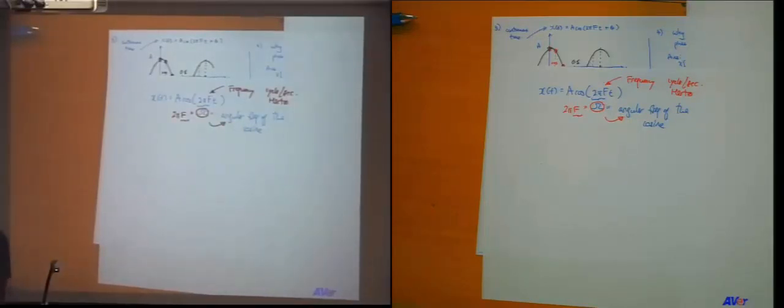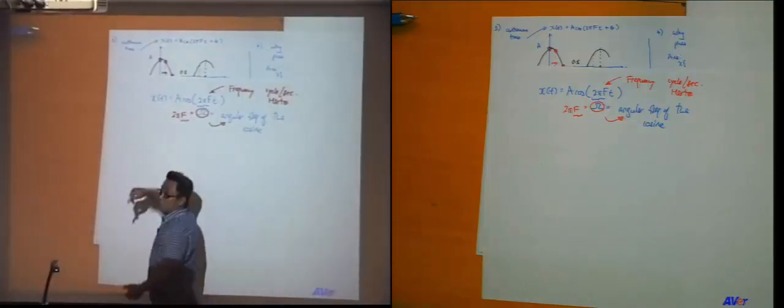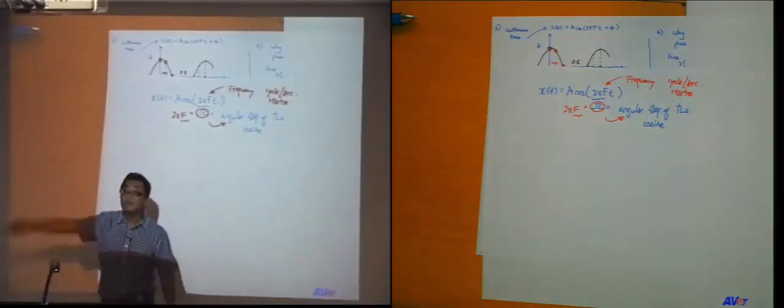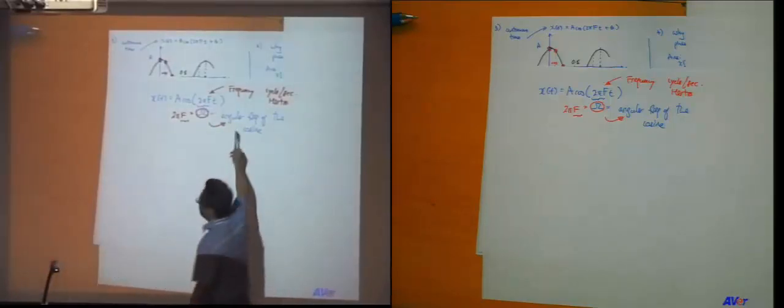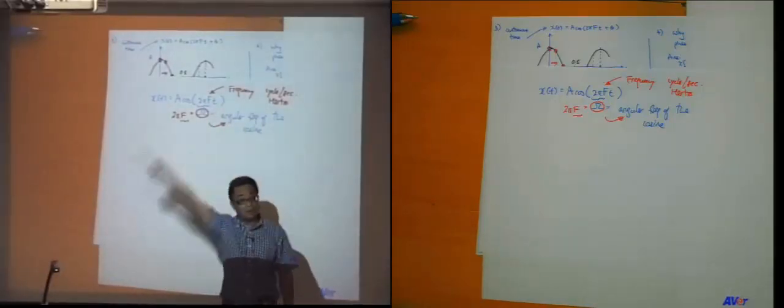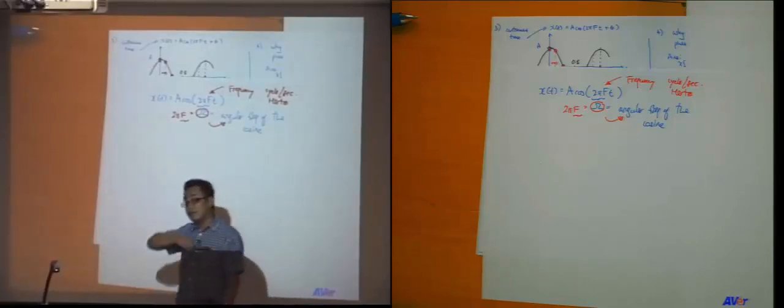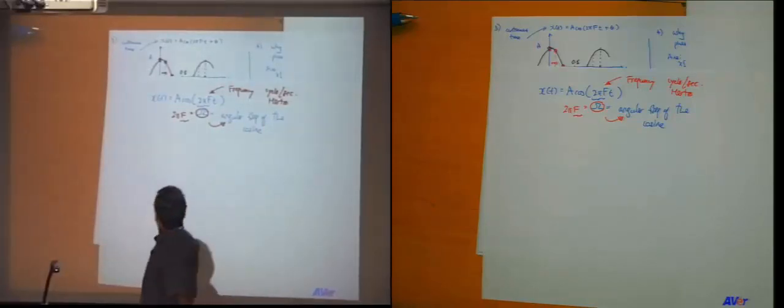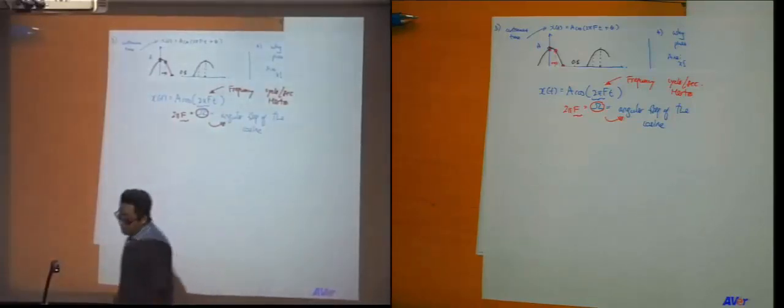One more time, 2 pi. One more time, 3 pi and 4 pi. Therefore, if my angular frequency is 4 pi, it means in 1 second I have made 2 rounds. So angular frequency is nothing but the frequency multiplied by 2 pi, because 2 pi represents 1 round. The word angular means the angle of your vector with respect to the x-axis. All right, so this is just a revision.